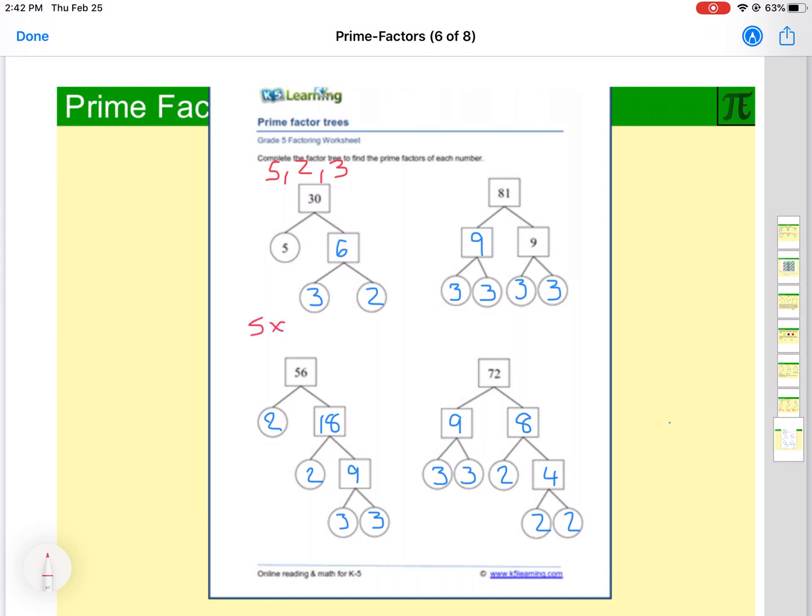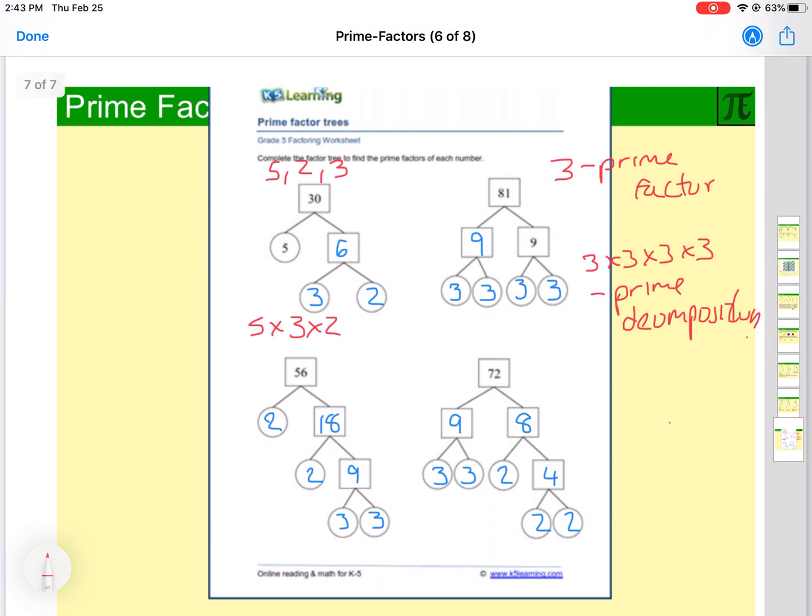If I was to do 5 times 3 times 2, that's the decomposition. So for 81, 3 is the prime factor, and 3 times 3 times 3 times 3 is the prime decomposition.